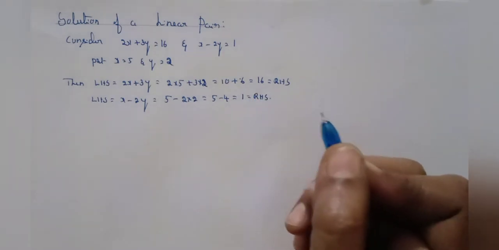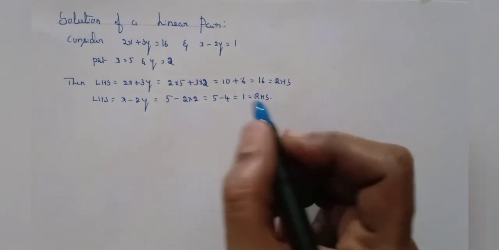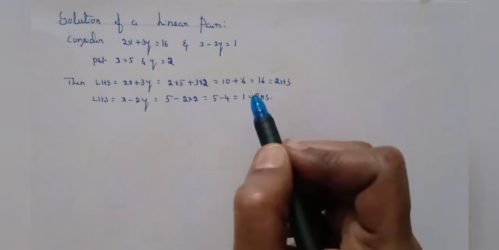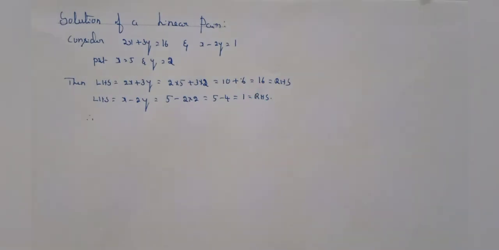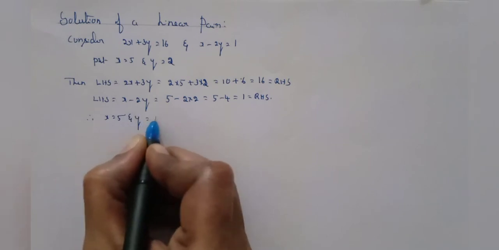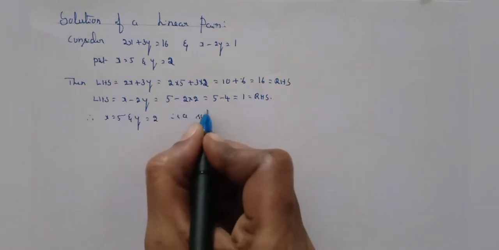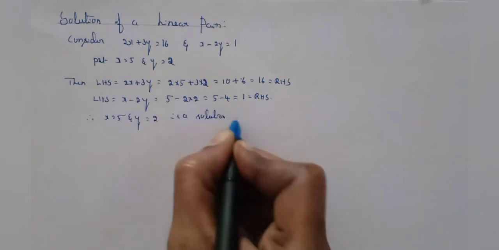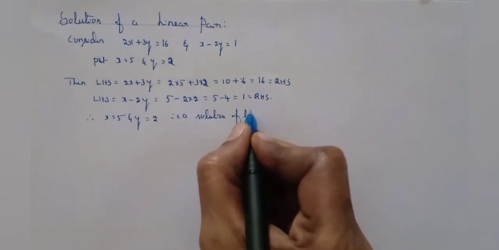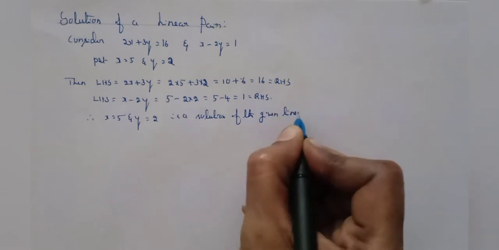So here the values of x and y satisfy both the linear equations in two variables. Therefore, x is equal to 5 and y is equal to 2 is a solution of the given linear pair.